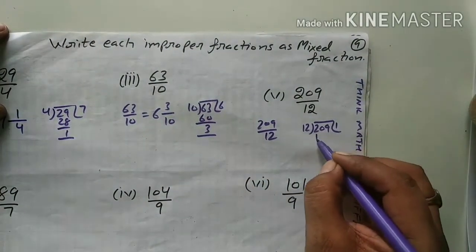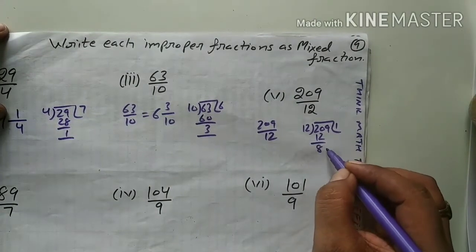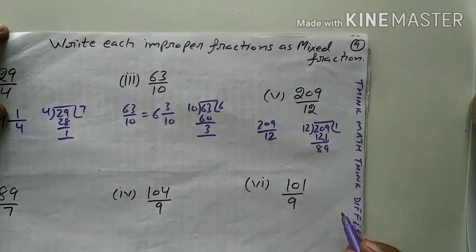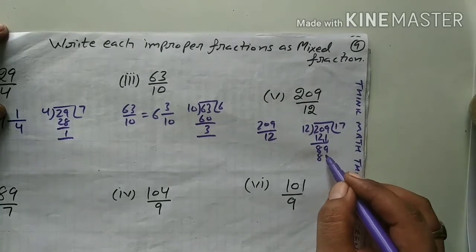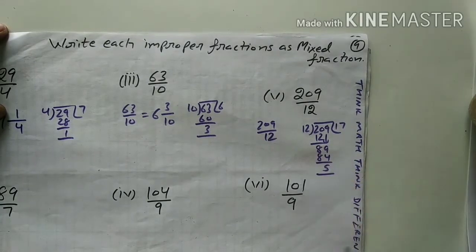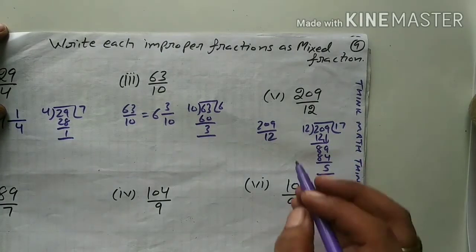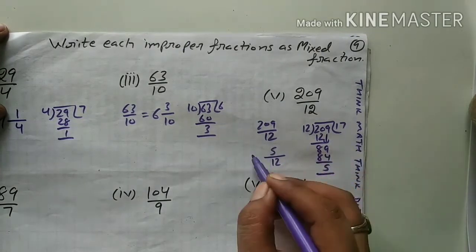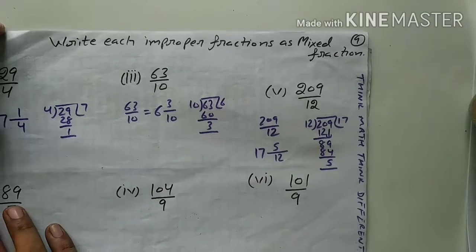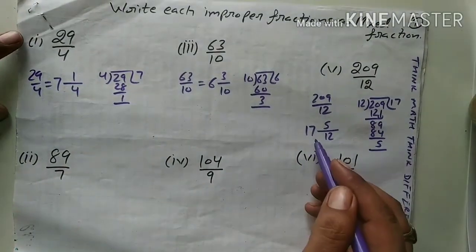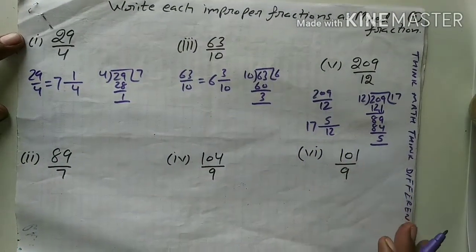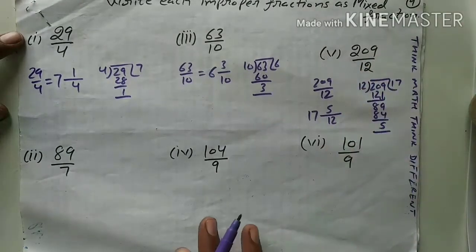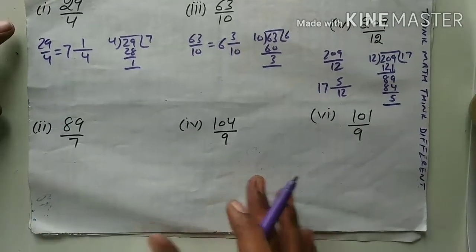Now 12 ones are 12, then 89. Now 12 sevens are 84 and the remainder is 5. Now what will be your answer? Your answer will be 12 with 5 on top, and 17 in the place of the complete number. So this is the required mixed fraction for the given improper fraction.